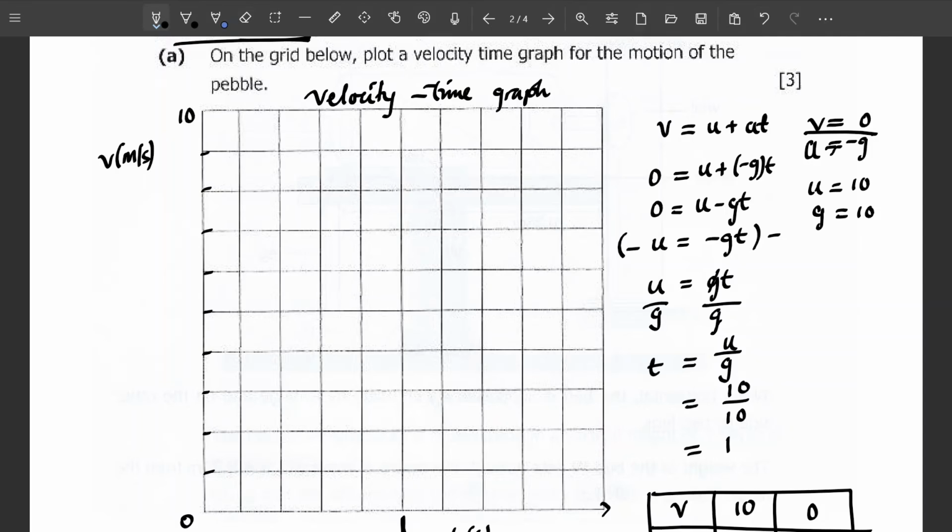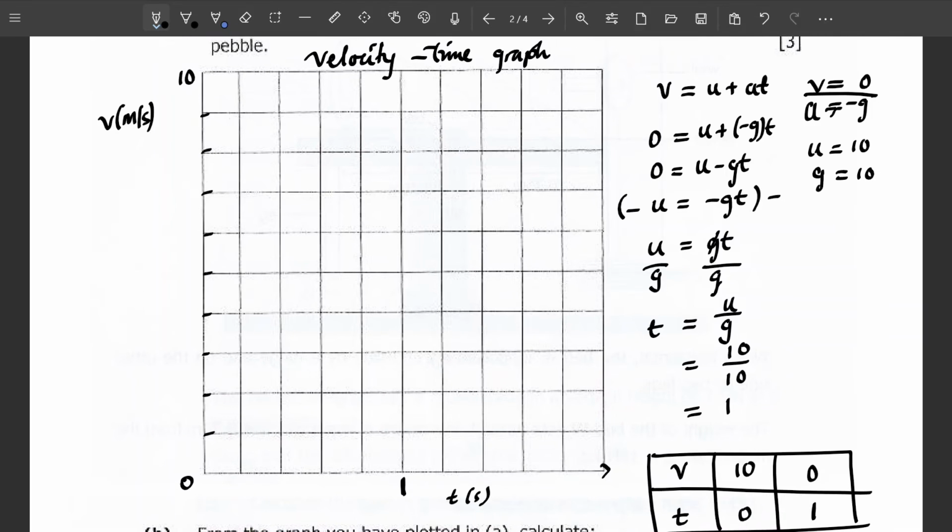Now this is the initial velocity. So at 0, the initial velocity was that. So in plotting, the graph will just be like this.